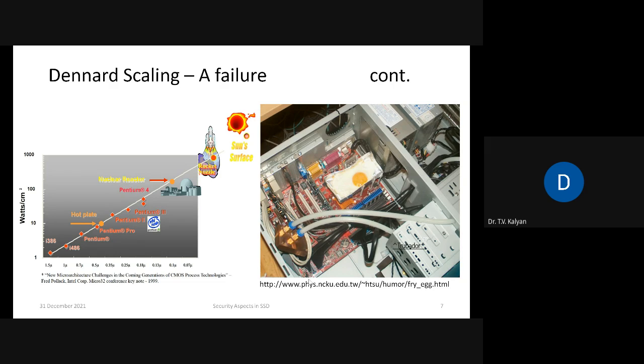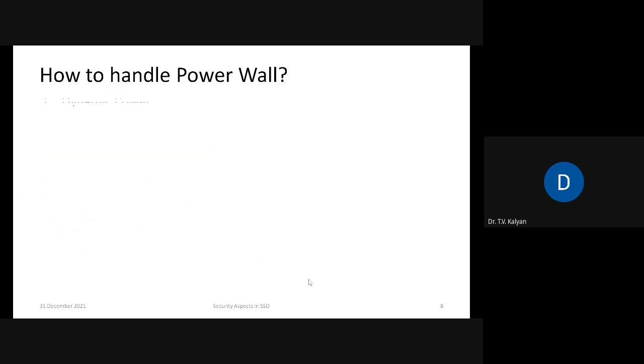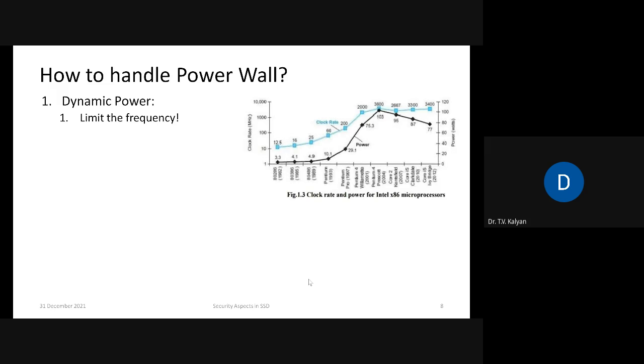With this point in mind, the dynamic power component was kept in check by limiting the frequency. In CV square F, though voltage is reducing, we are also limiting the frequency so that the dynamic power consumption will more or less remain in the same ballpark.